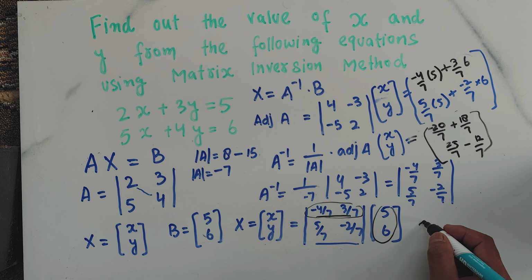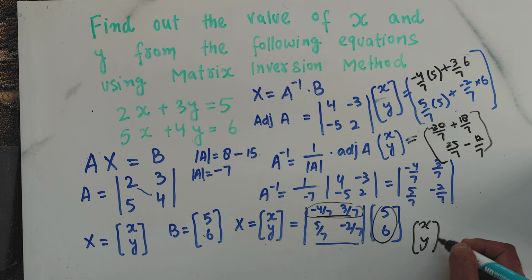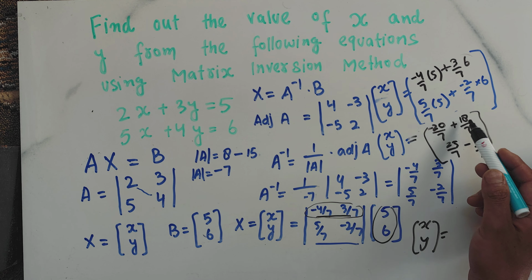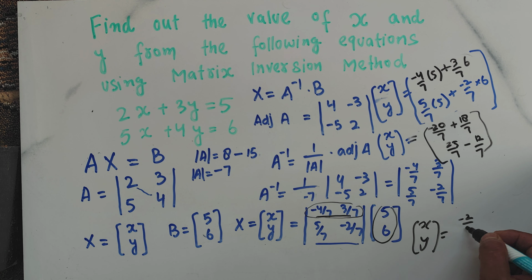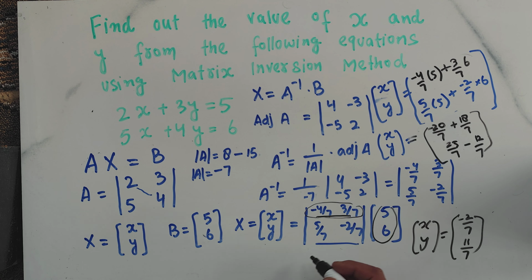So x, y will be equal to negative 20 plus 18, which is minus 2 upon 7, then 25 minus 12, which is 11 upon 7. So the value of x is negative 2 upon 7 and y is 11 upon 7. I hope I made myself clear in this video.